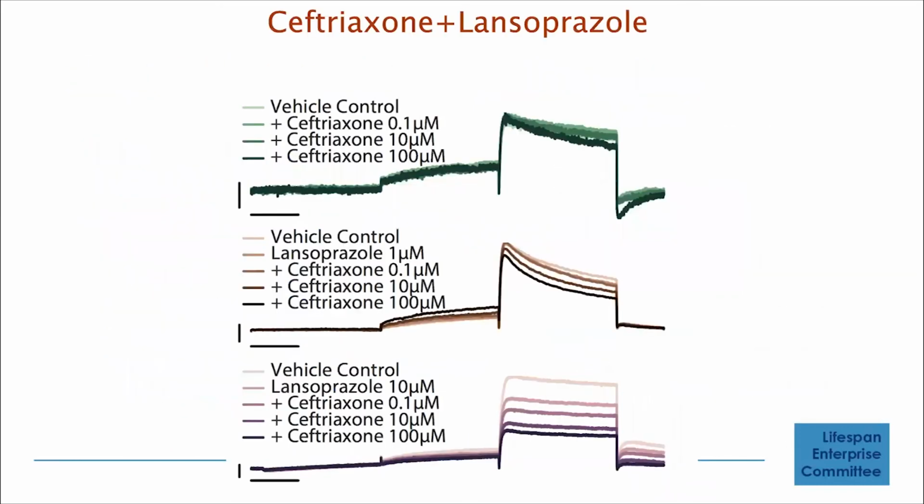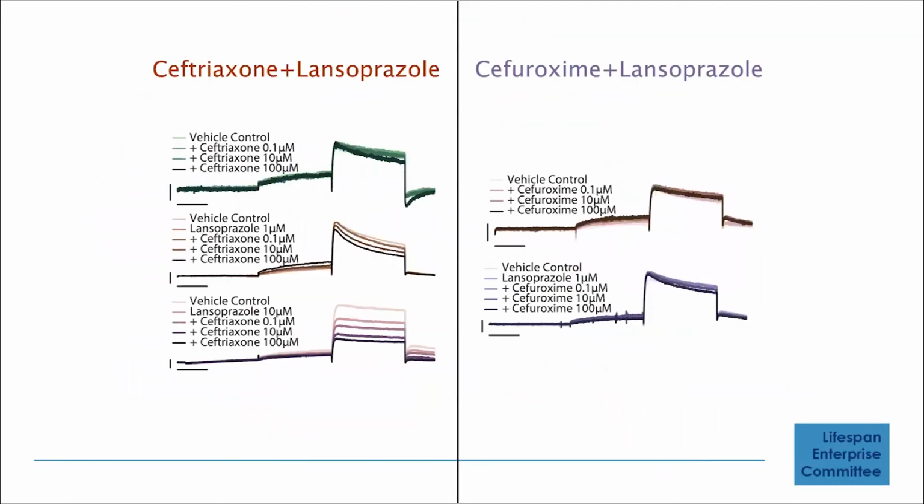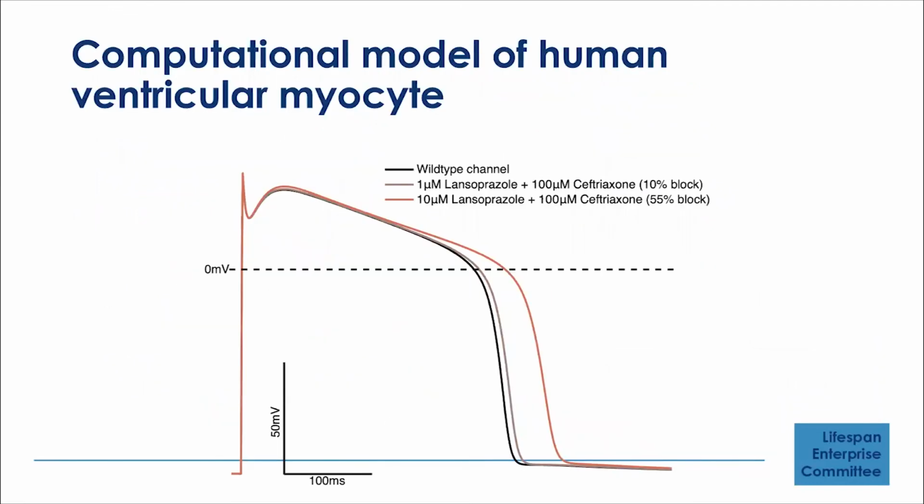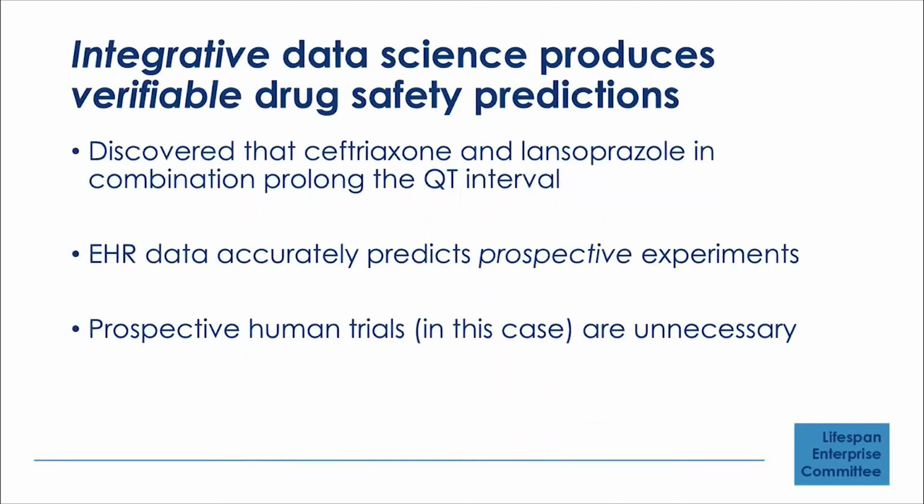What we find is that when these drugs are given in combination, they cause a dose-dependent effect on this important ion channel, an effect that you don't see in the predicted negative control. And in fact, if you put this back into a model to predict what would happen to patients exposed to this combination of drugs, you would expect to see a 10 millisecond longer QT interval in those patients, exactly what we saw in the electronic health records.